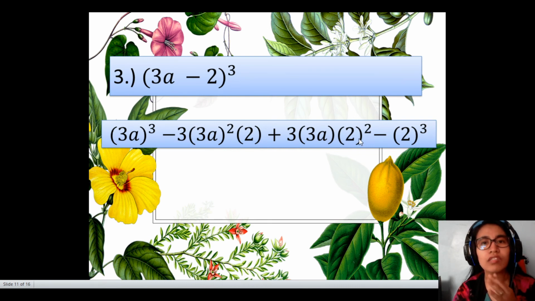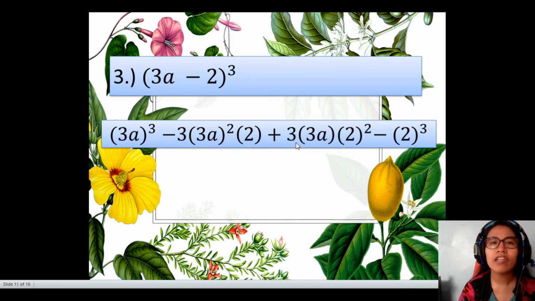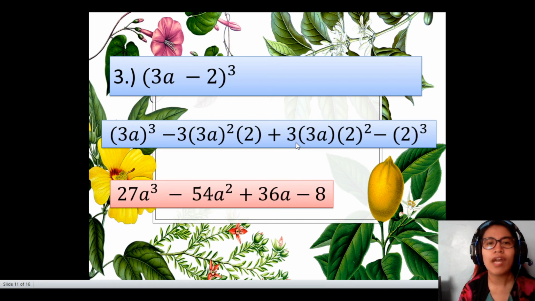So 2 times 2 is 4, times 3 times 3a will give me 12a, times 3 will give me 36a. Then minus our 2 cubed, which means 2 times 2 times 2, will give us negative 8. So this is your answer: 27a cubed minus 54a squared plus 36a minus 8.